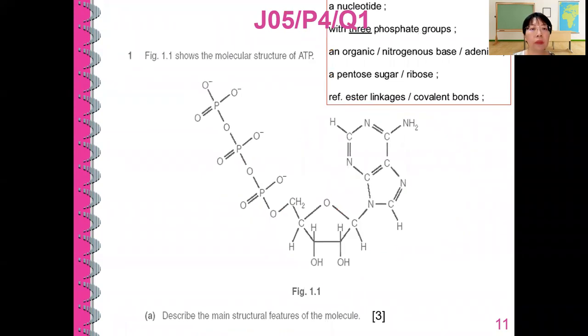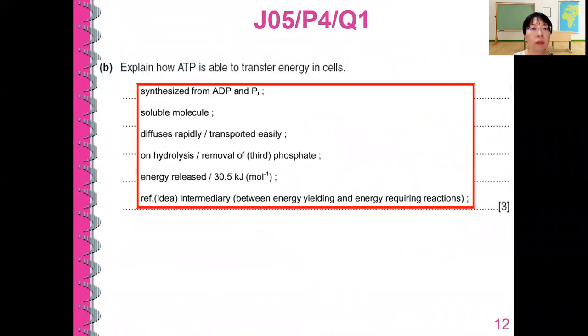Okay, next past year question: explain how ATP is able to transfer energy in the cell. That means you're supposed to talk about ATP transferring energy from a region which yields energy to a region which requires energy, right? So in a region where there are energy yielding reactions, ATP will be synthesized from ADP and Pi.